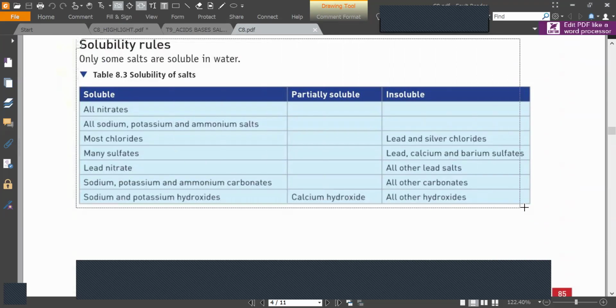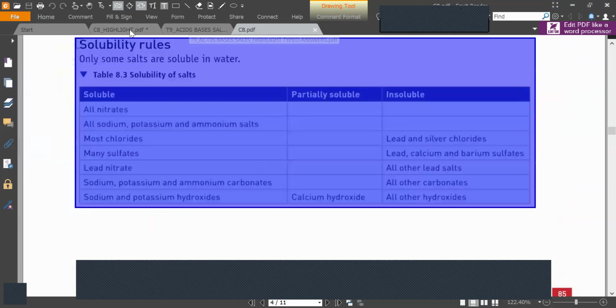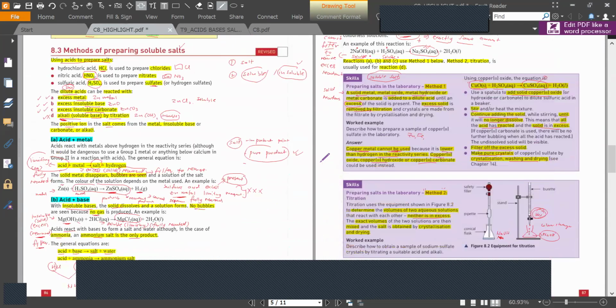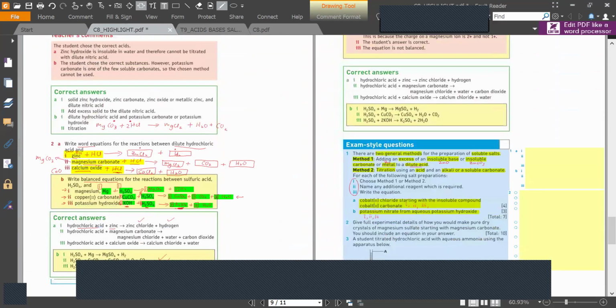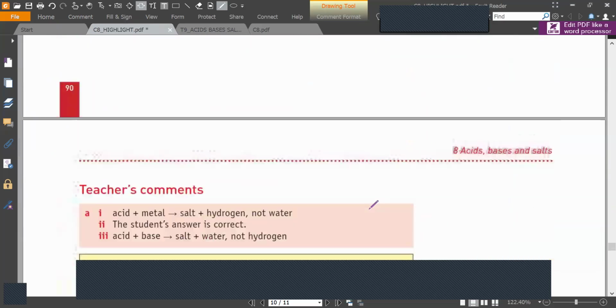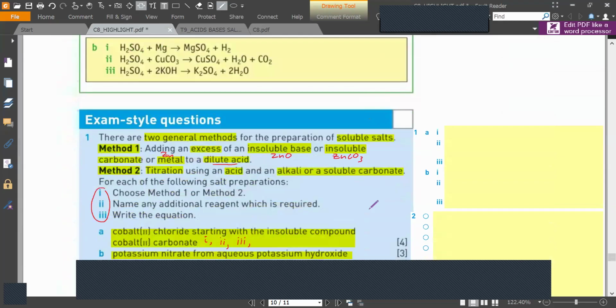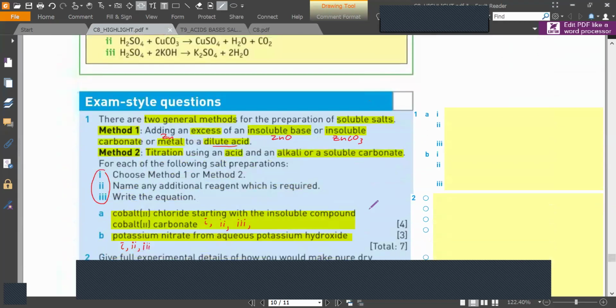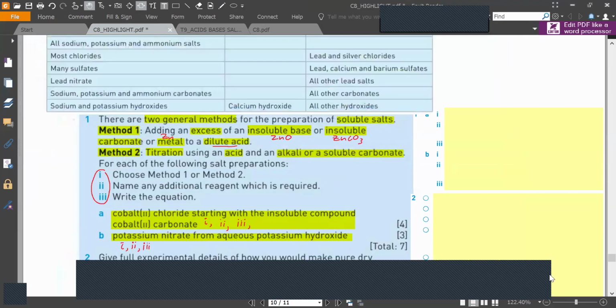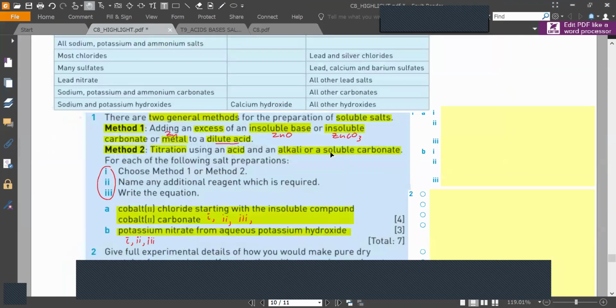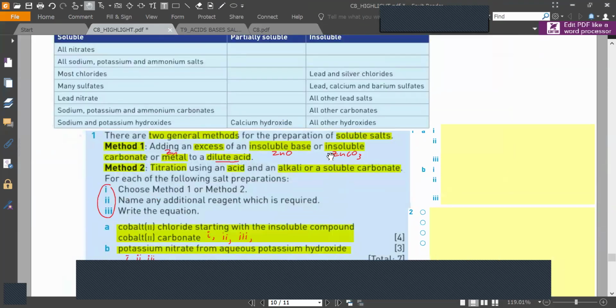The rules of solubility may be useful, so I'll put them here.